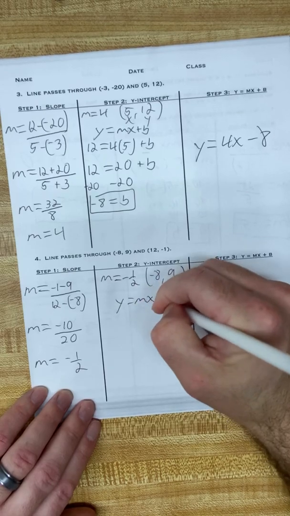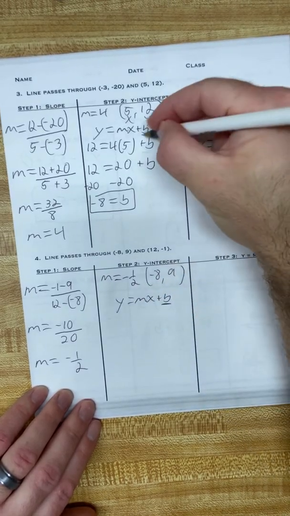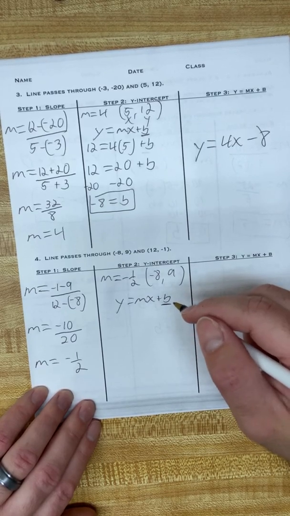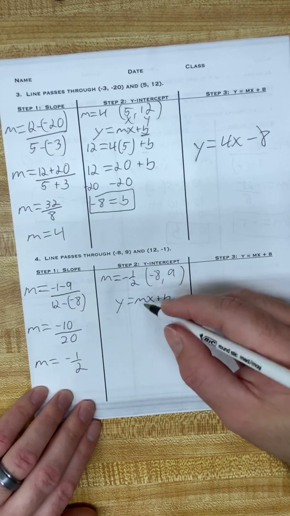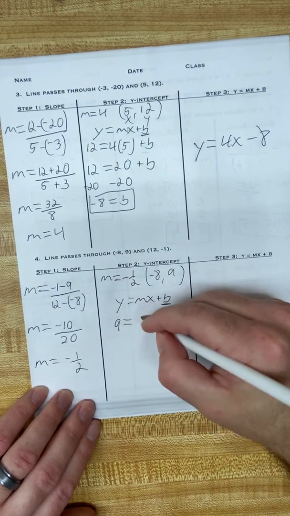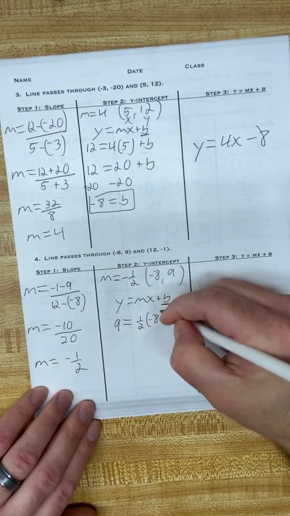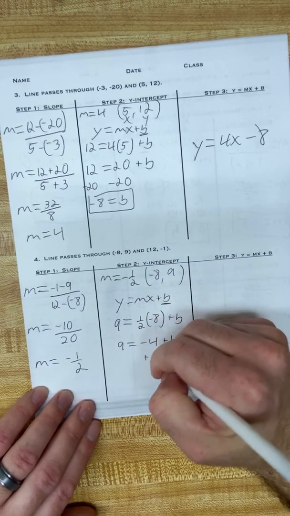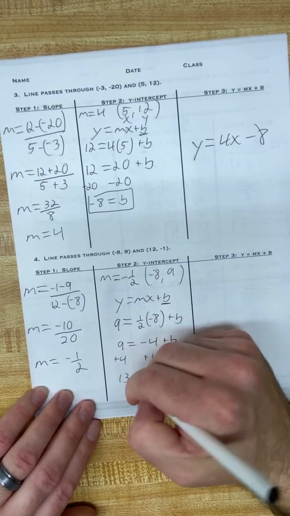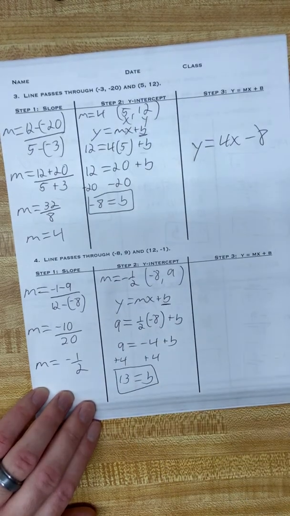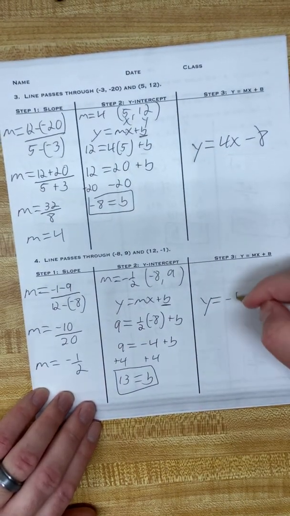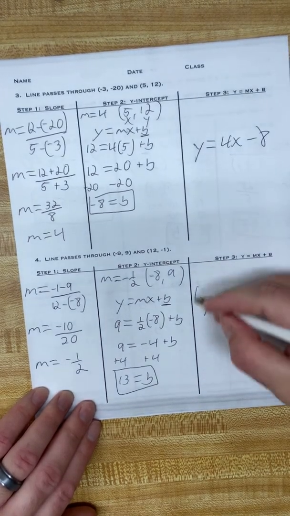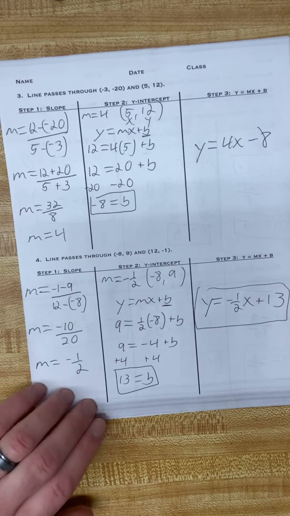Substitute into y equals mx plus b to solve for b. So we get b equals 13, so we get y equals negative 1/2 x plus 13 for a final answer.